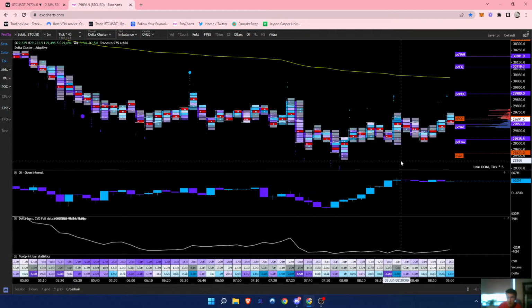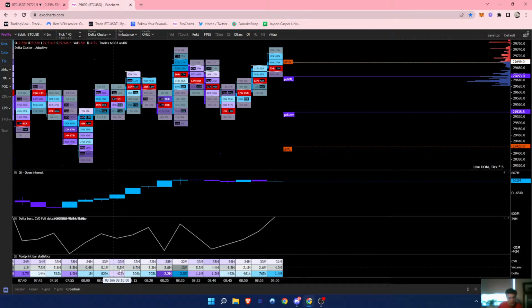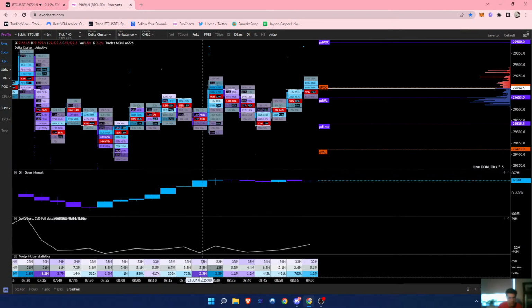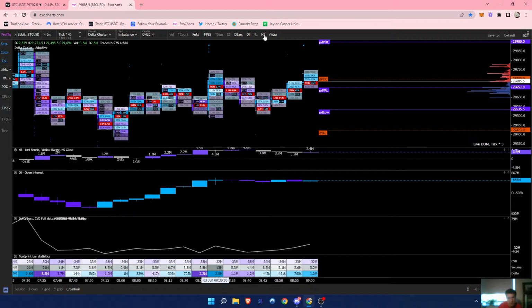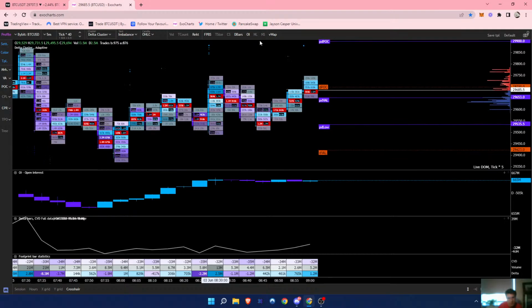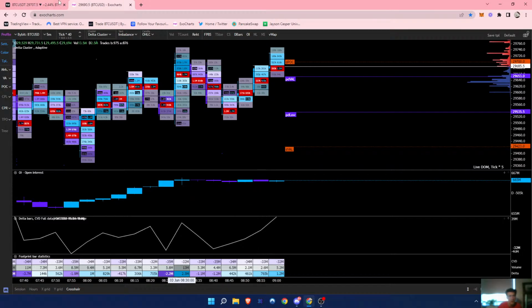CVD is coming up. Good amount of delta coming in, generally. The reason for this amount of negative delta, I think it was just mainly shorts getting stopped out, but could be wrong too. So again, we're kind of waiting.